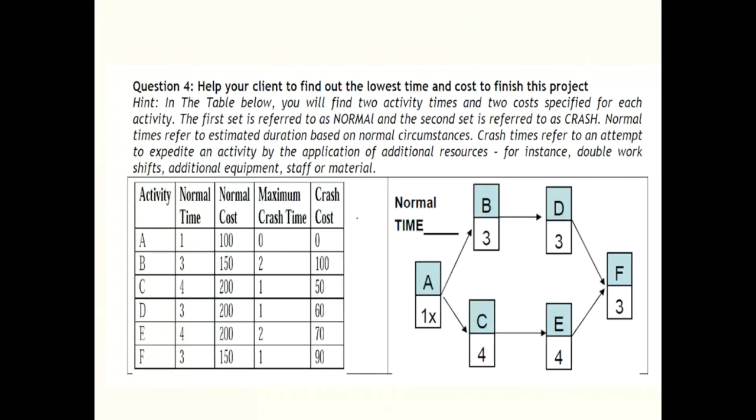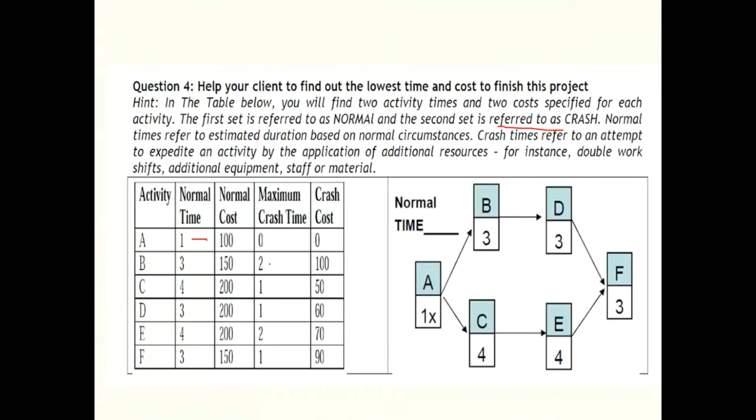In this given problem, the challenge is to help your client find out the lowest cost and time to finish this project. In the table below, you will find two activity times and two costs specified for each activity. The first is referred to as normal, and the second set is referred to as crash time. Normal time is the normal time a contractor will take to do a job in normal 5 days a week and 8-hour shift patterns.